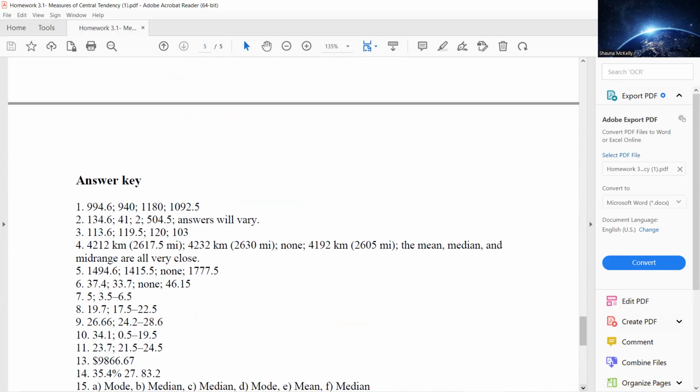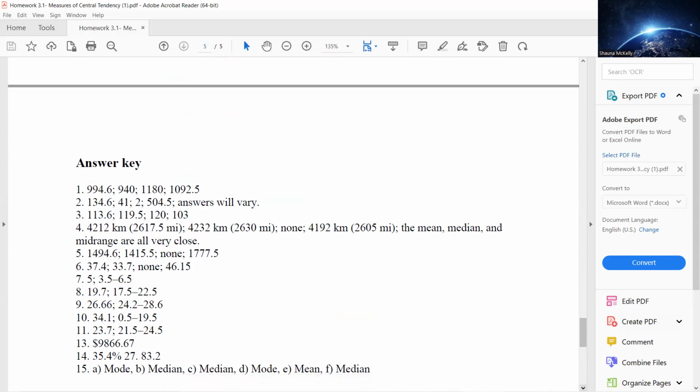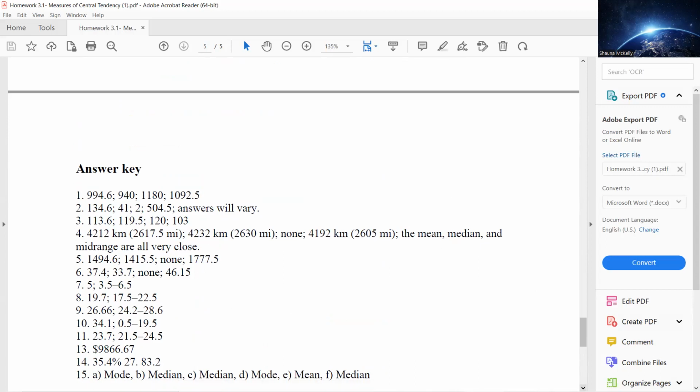And she doesn't have an answer to it. So I'm going to have to check with her and see. But that's how I would do it. Okay. So if you're having problems with that, then hold off on that and I will get back to you. Okay. But I hope that this walkthrough has helped you some.